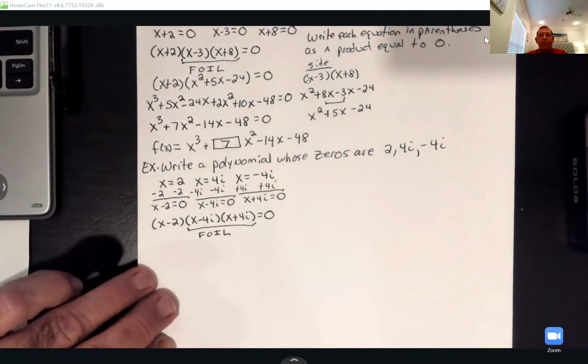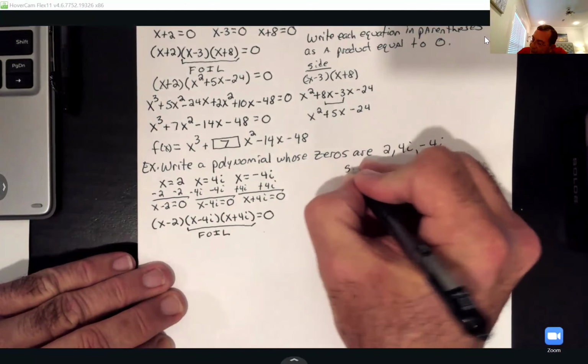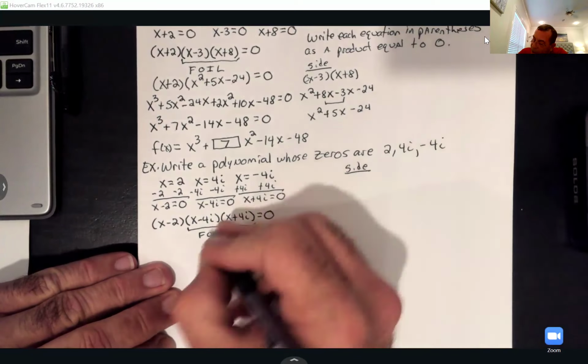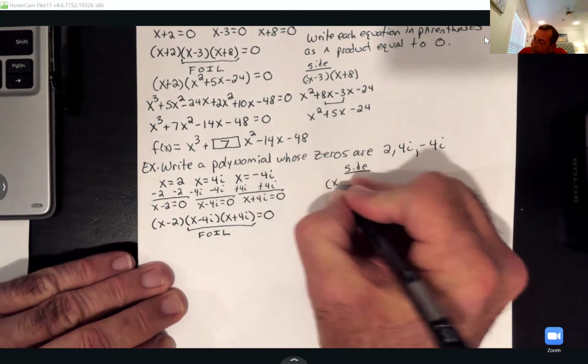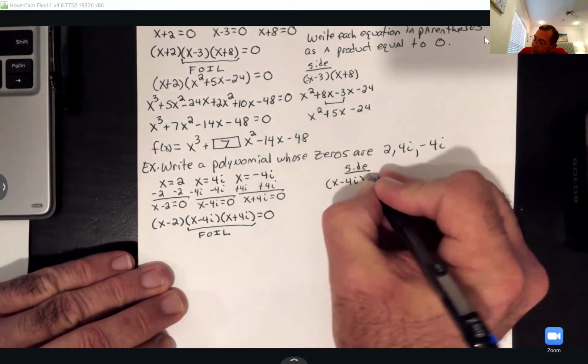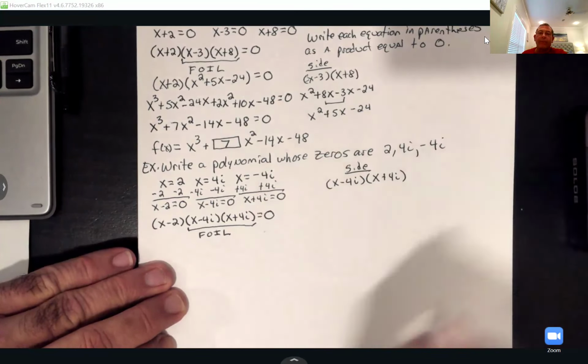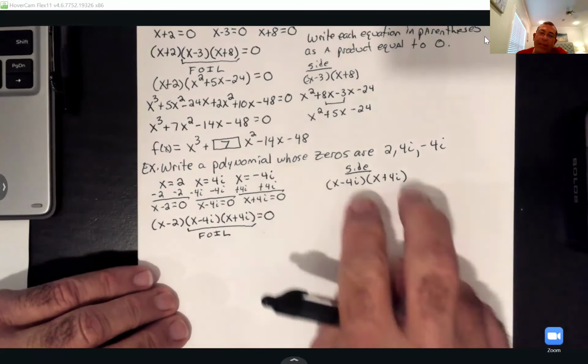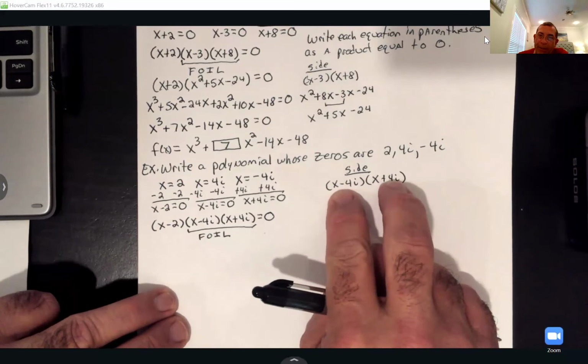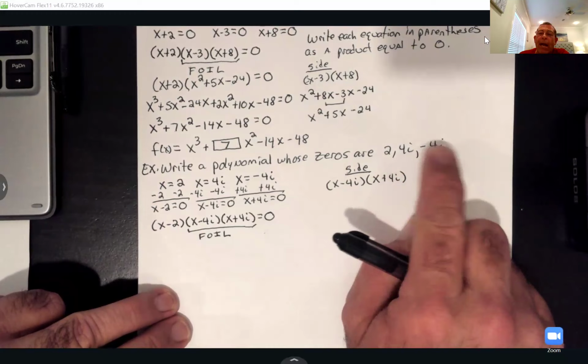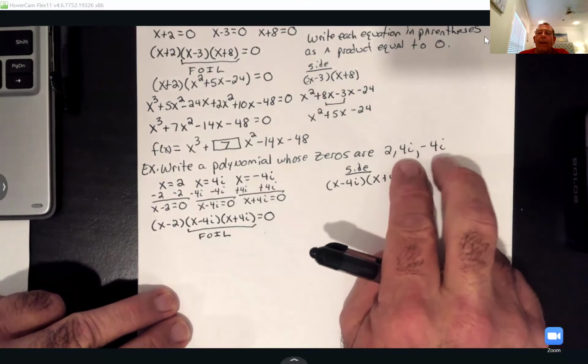So we're going to FOIL the side over here. We're going to do x minus 4i times x plus 4i. So these always come in conjugate pairs. That's why one's 4i and one's negative 4i.